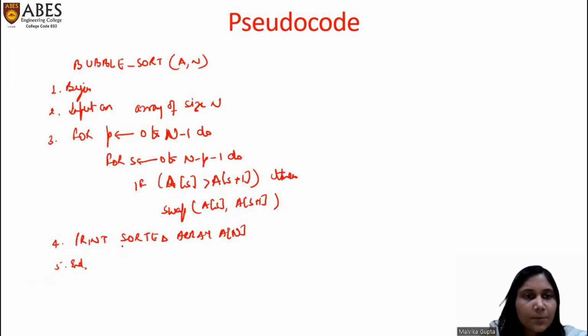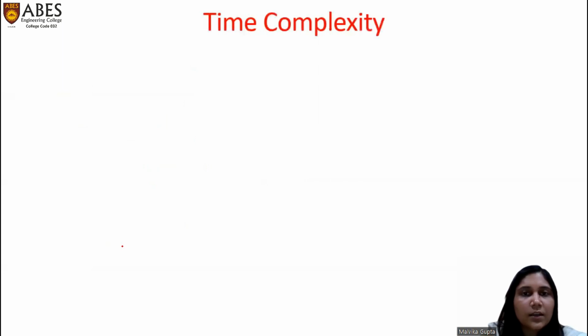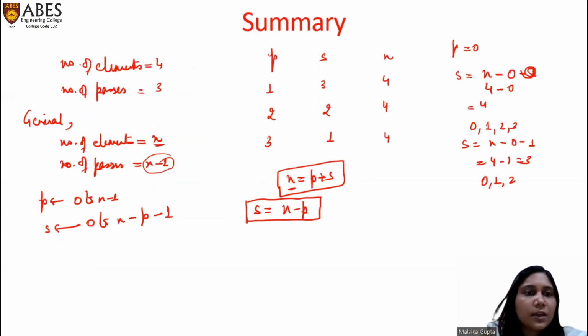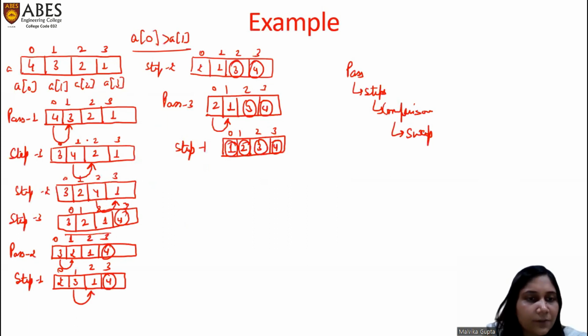Now it's important for us, we'll be coding this in the C language also, but before that we need to find out the time complexity. Now if you see from the example also, every time I complete one pass, we are fixing one position and we are only taking care of the rest of the array.